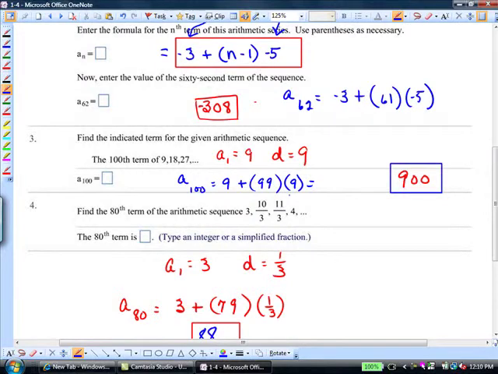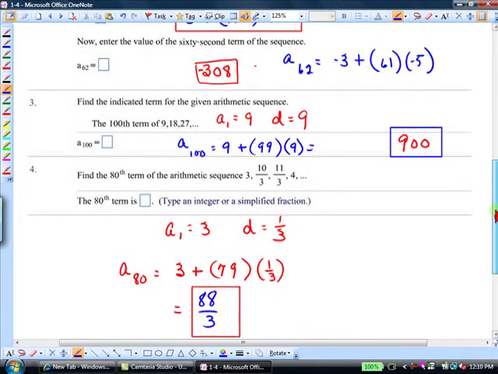Okay. So if you're given the terms, you need to establish what a sub 1 is and what d is, and then you can find any other term. Number 4 has fractions. Sometimes that's not as easy for people, at least to come up with the difference. A sub 1 is 3.